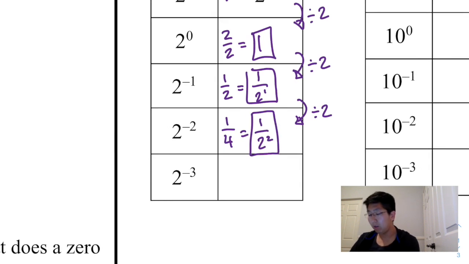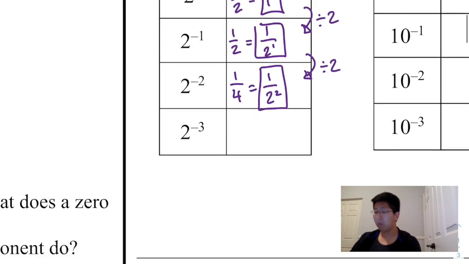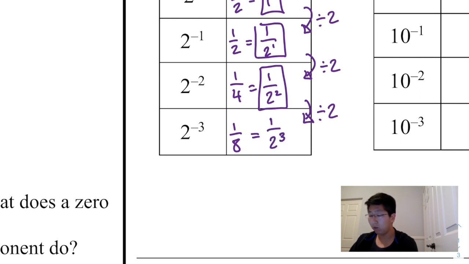And here, 2 to the negative third power is going to be 1/4 divided by 2, and that's going to give us 1 over 8. We could also say that is 1 over 2 to the third power. So here we are seeing a pattern. When we move down this table, we are dividing by 2.